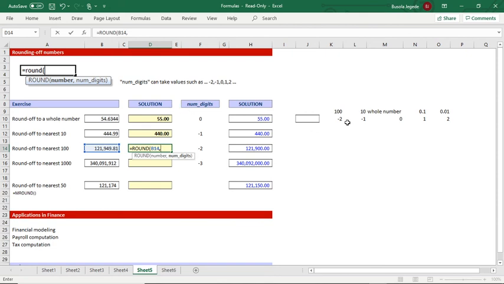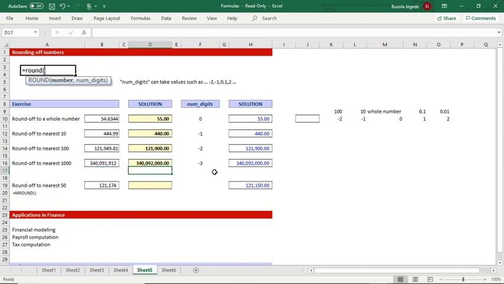Nearest 100 will be -2. We want to round off to the nearest 1000. So we enter round, and nearest 1000 should be here after 100, so it will be -3.